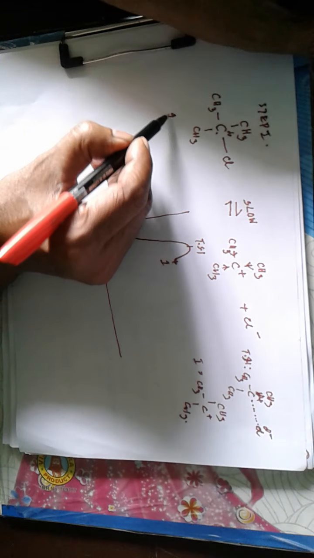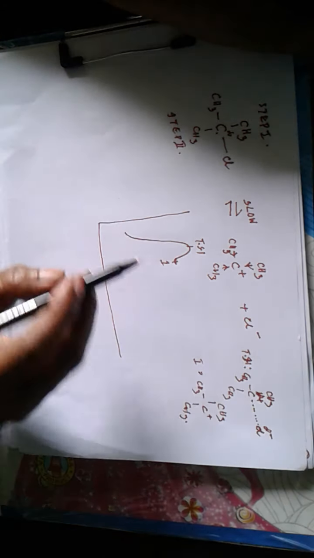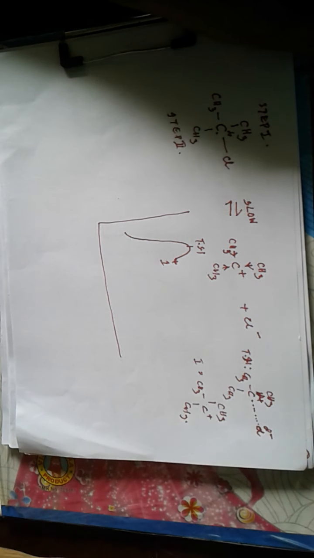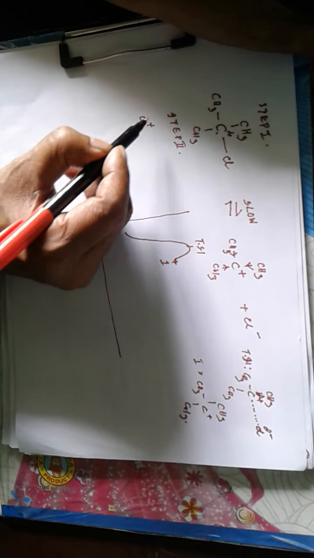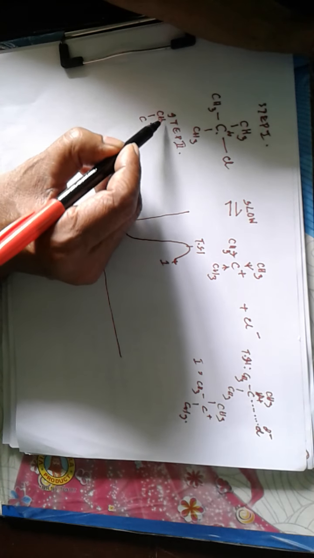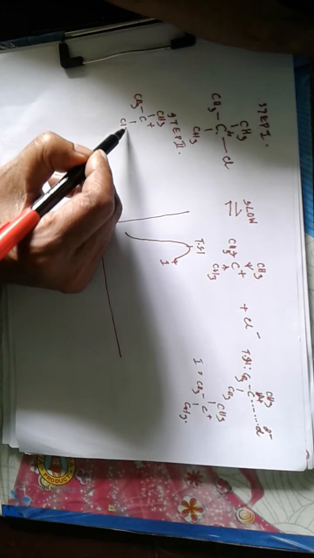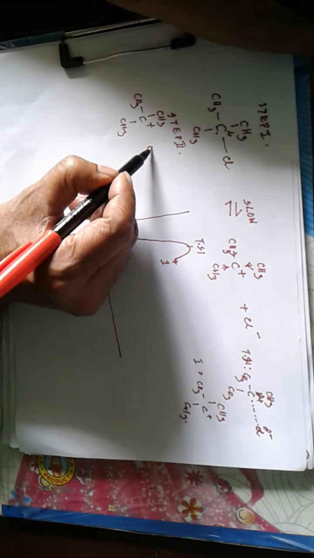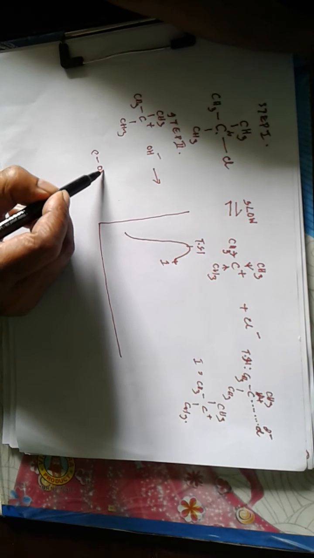In the second step, the hydroxide ion, if the reaction is conducted in sodium hydroxide medium, attacks the carbocation to get what is called t-butyl alcohol.